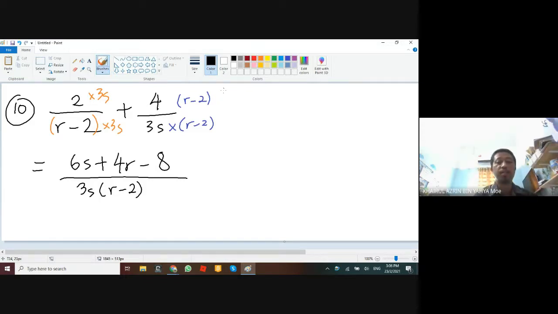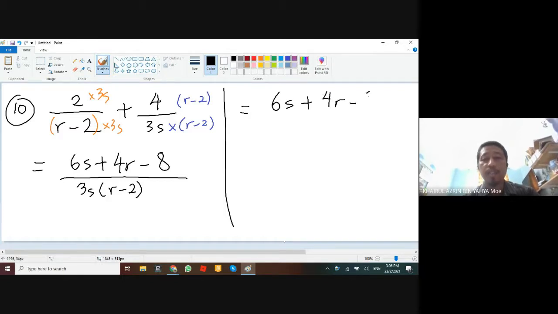That is not good. Better actually if you write the answer without bracket. Meaning here, the answer should be like this. We expand. So 3s times r is 3rs. Or you also can write 3sr, also can. However, I prefer to write rs because we learn alphabet, right?